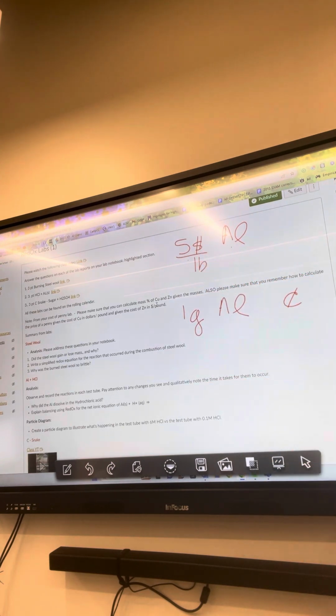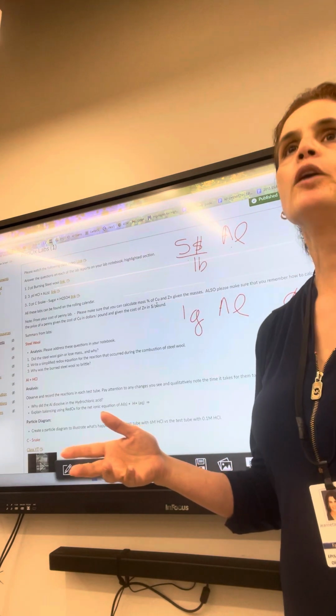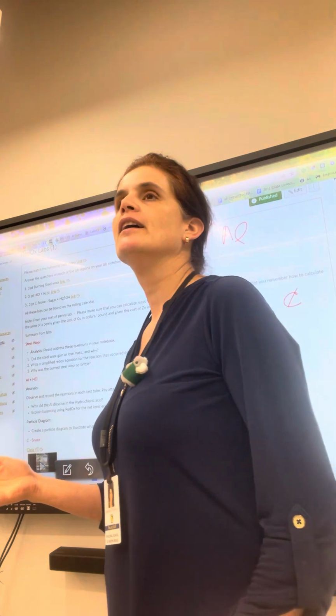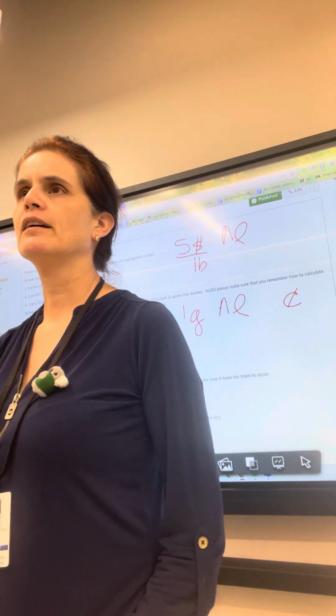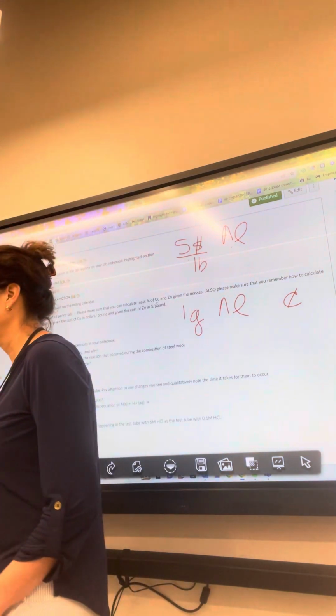You have to know that a pound is 452 grams. You can do dimensional analysis. We did it in math, the wheels on the bus, it's just dimensional analysis.